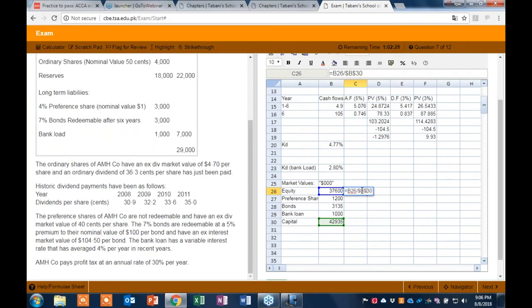If I place $ signs before both, it makes it an absolute reference. And when I copy the formula to the lower cells, it will not change B30, and it will take 42,935 as the denominator for all these cells. Here we go. And if I take the sum of all, it will give me 100%.